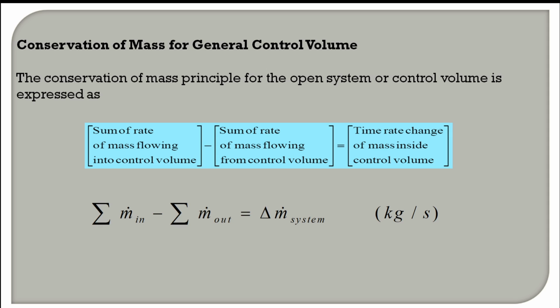The difference between these two will be stored inside the system. That is the rate of change of mass inside the control volume in kilogram per second. Here m with a dot on top represents rate per unit time. m has units of kilogram, m dot has units of kilogram per second.